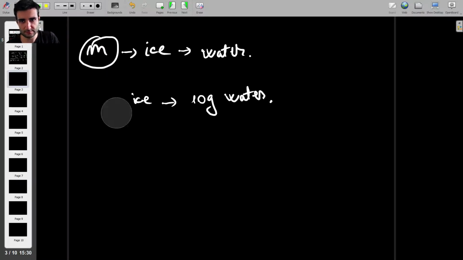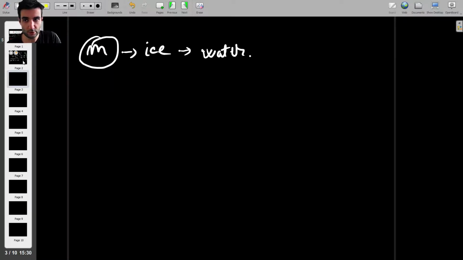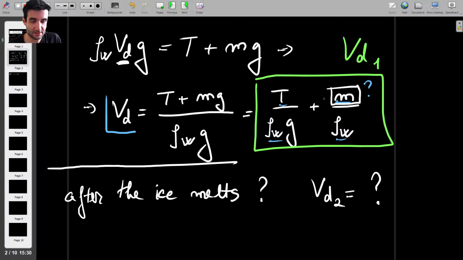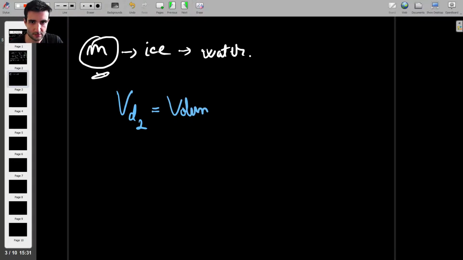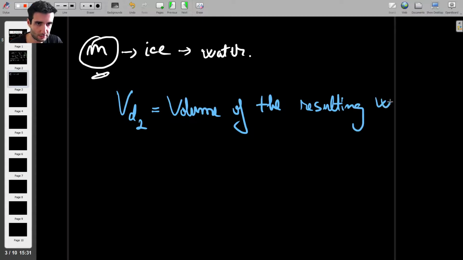So in other words, we start with an unknown amount of ice m, and that's the same mass of water that results after the melting phase takes place, okay? So the displaced volume is therefore going to be the volume of the resulting water, after the melting takes place, obviously.